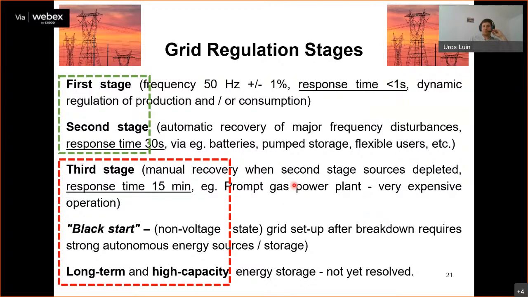We want to use hydrogen or some other renewable source instead of fossil fuel. And yeah, we want to prevent an unstable grid. We want to prevent blackout. And of course, we also want to have enough energy stored, if this happens anyway, so that we can set up the grid again after the breakdown and do the black start.